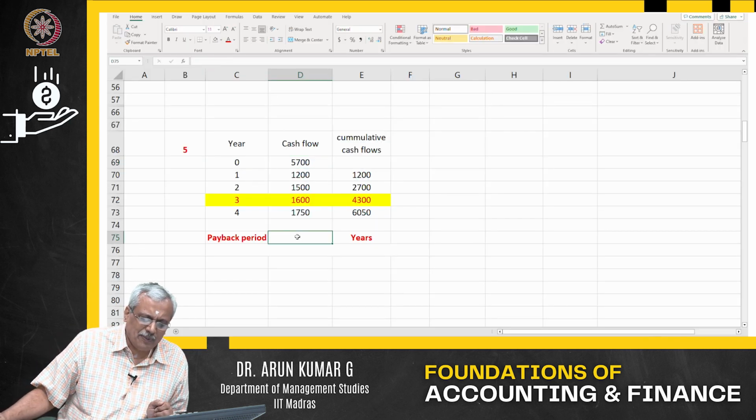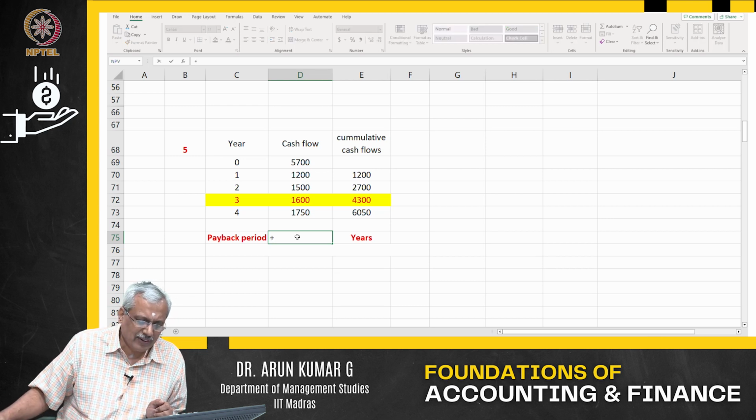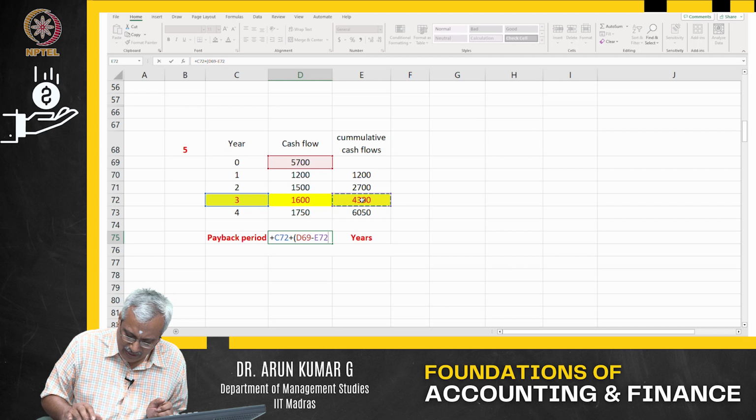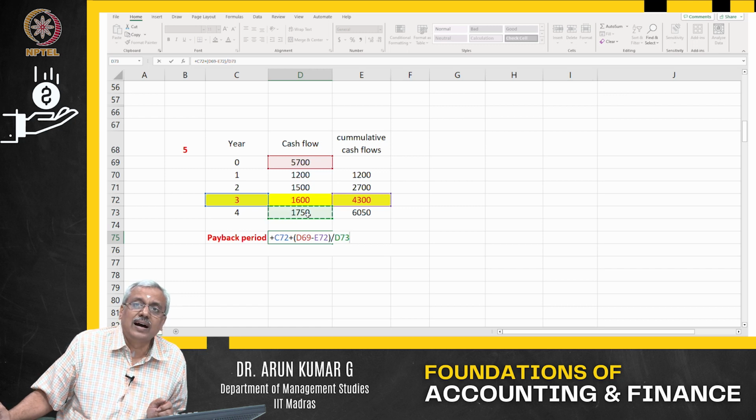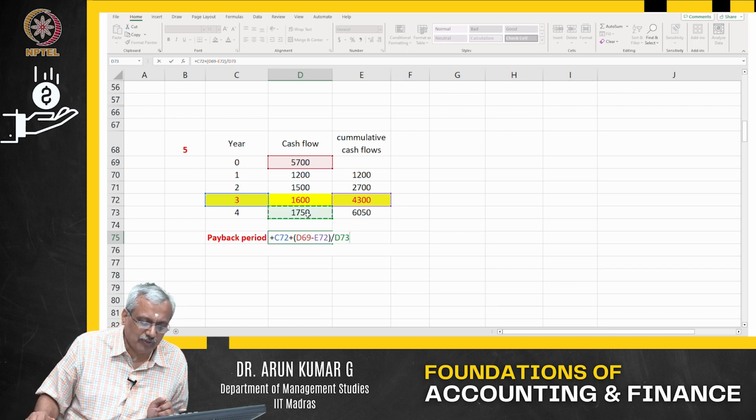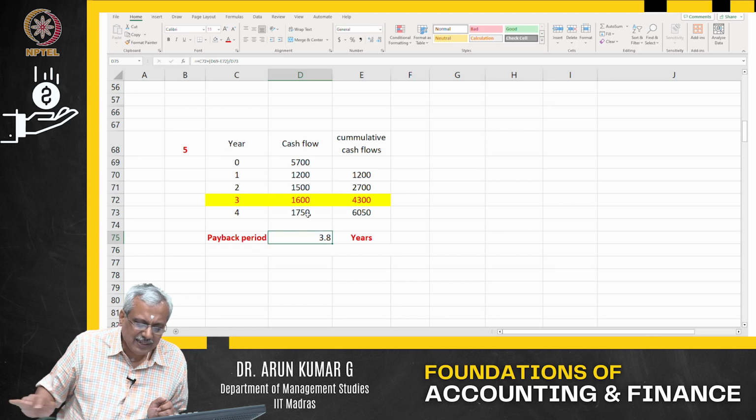So what is the payback period? In this particular case, it's going to be the third year plus the cash outflow minus what he has so far got. That means the remaining amount he has to get. Let us divide that by the money he is getting in the fourth year. That will give me 3.8 years it takes for him to get the return.